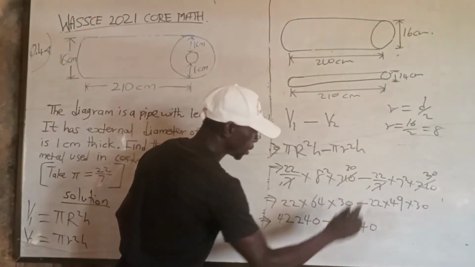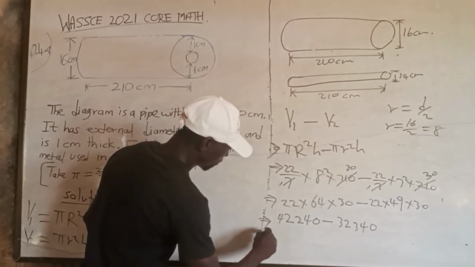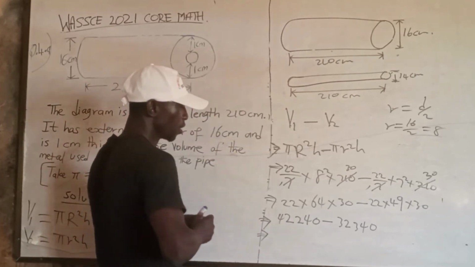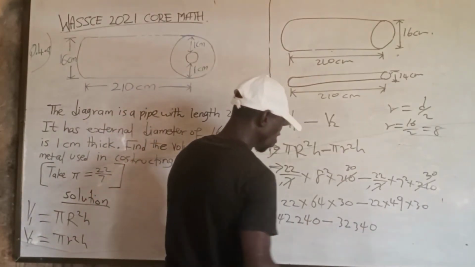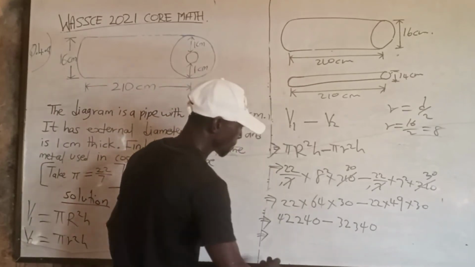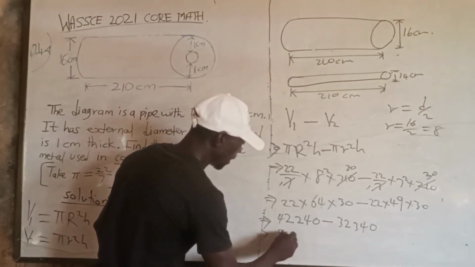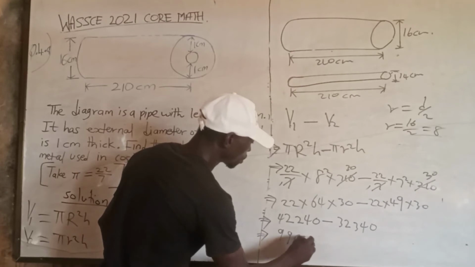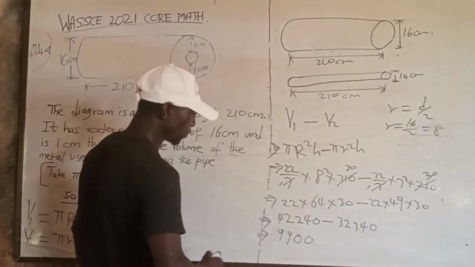Okay, so when we come down, this minus this will give us 9,900.